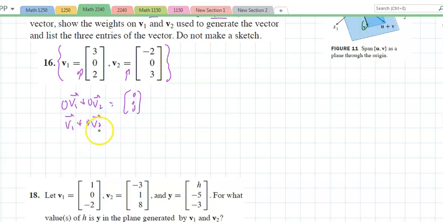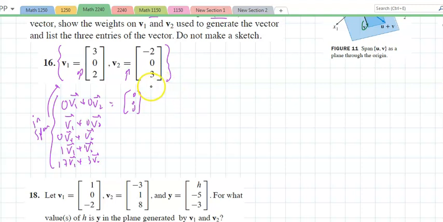That'll work. I could say 0 v sub 1 plus v sub 2. I could say v sub 1 plus v sub 2. So here we're putting 1 there and 1 there. I could say 17 v sub 1 plus 3 v sub 2. That'll work. That's 5 right there. All of these are in the span of those vectors.